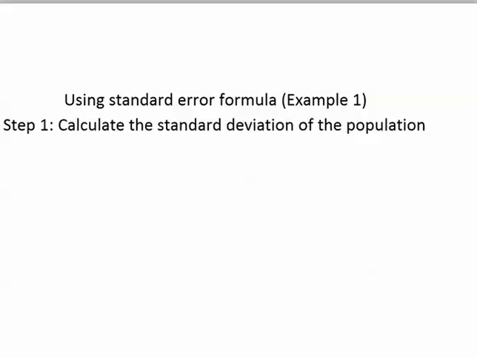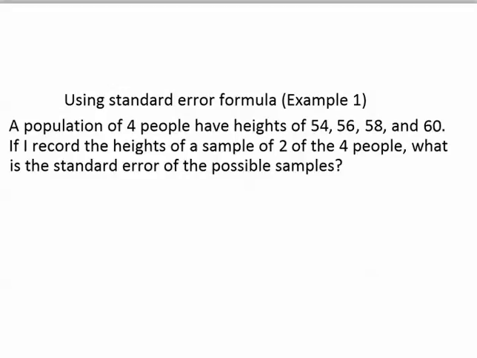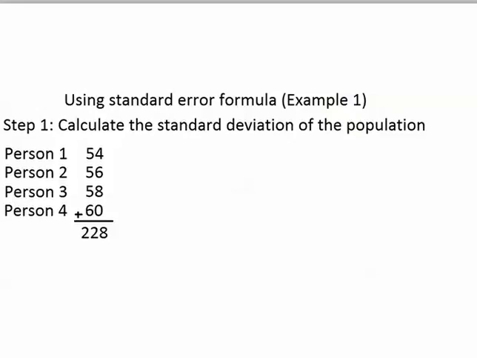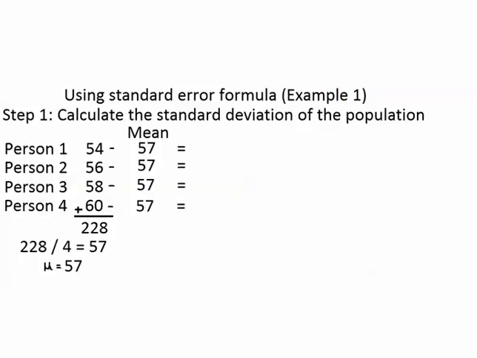So the first step is just calculating the standard deviation of the 4 people in the population, which is these 4 people right here. So I calculate the standard deviation of their 4 heights, just following the regular standard deviation formula.